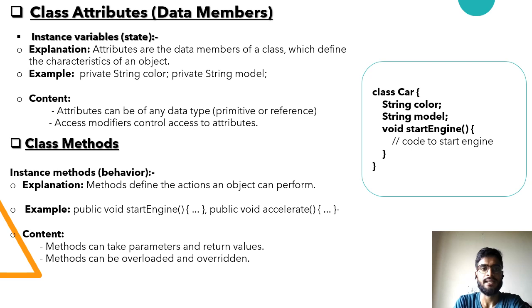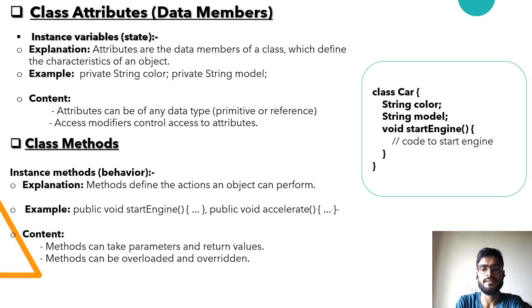In this slide, we will see class attributes, data members, and class methods. So first, we will see class attributes. What are class attributes? These are instance variables, or you can say states, which define state. So basically, attributes are the data members of a class which define the characteristics of an object.